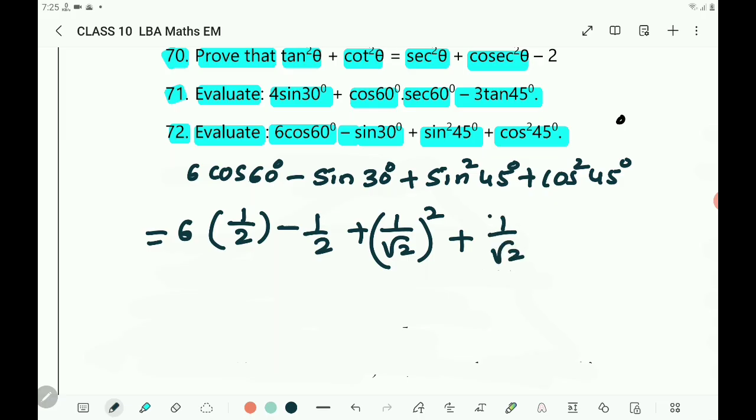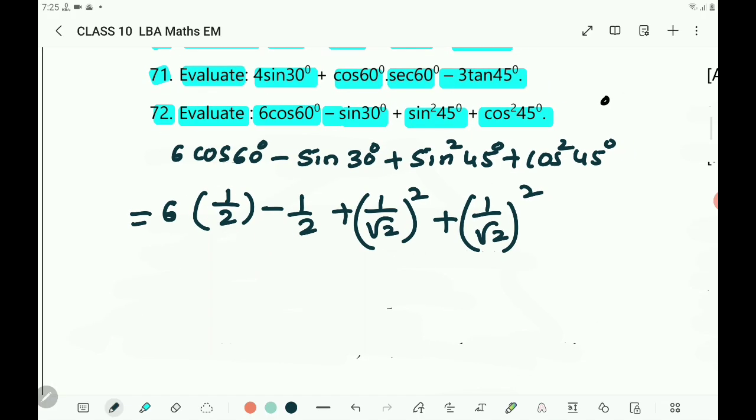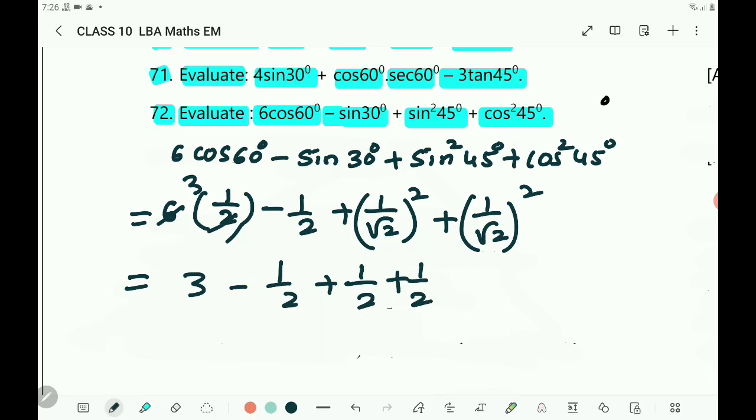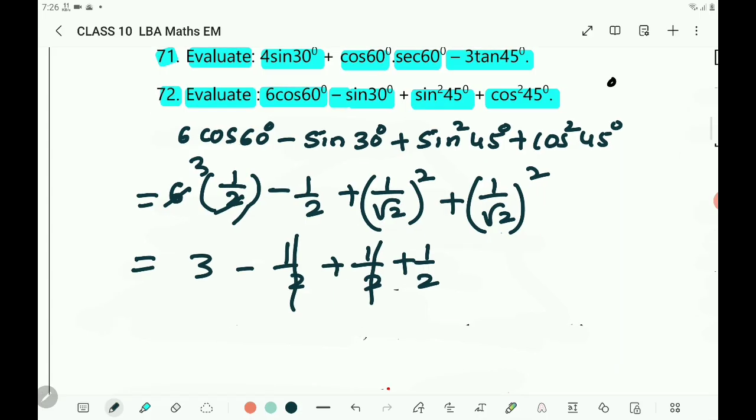Again it is 1 by root 2 whole square equals, you can cancel here 2 ones are 2, 3 into 1 is 3, minus 1 by 2 plus 1 by root 2 whole square, which is 1 by 2, plus this is also 1 by 2. Then here plus 1 by 2 minus 1 by 2 you can cancel, that is 3 plus 1 by 2.